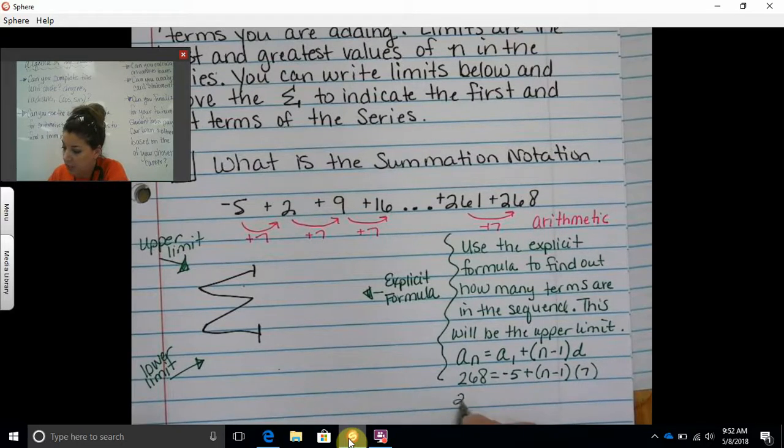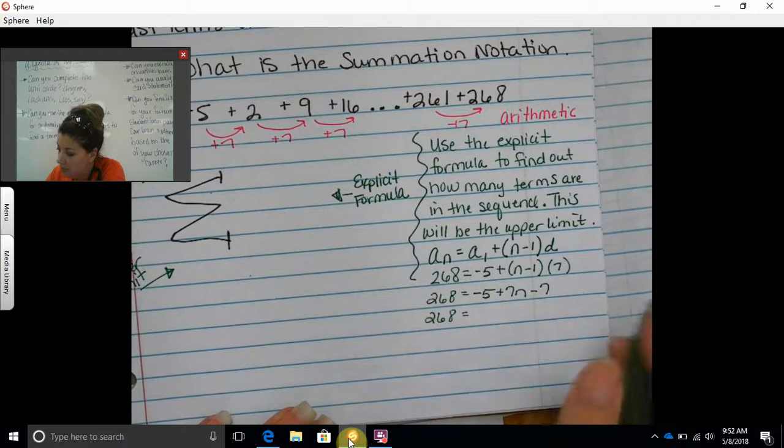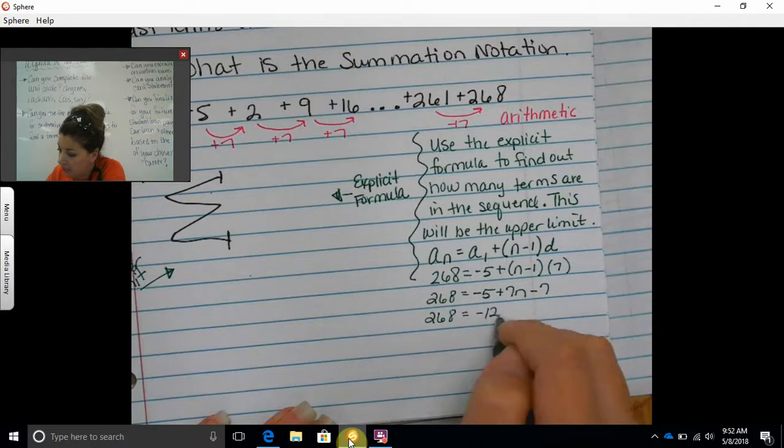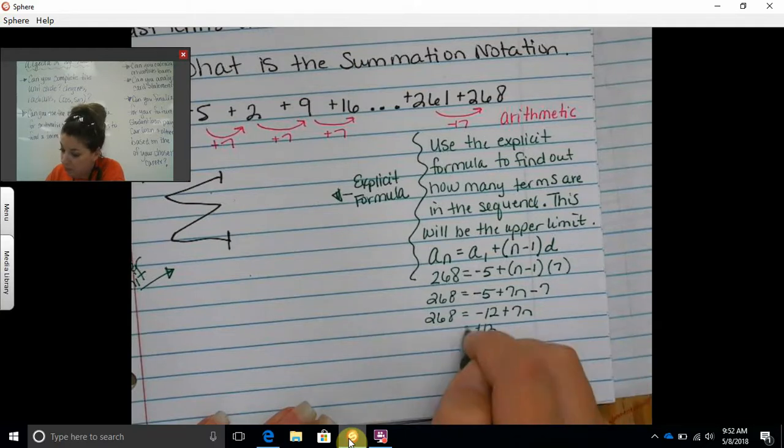So that's 268 equals negative 5. I know that 7's written behind the parentheses, but I'm distributing it. So, and then if I distributed the positive, that would all be positive. So 7 times n is 7n. 7 times negative 1 is negative 7. Combining like terms, that is 268 equals negative 5 minus 7 is negative 12 plus 7n. I will add 12 to both sides.